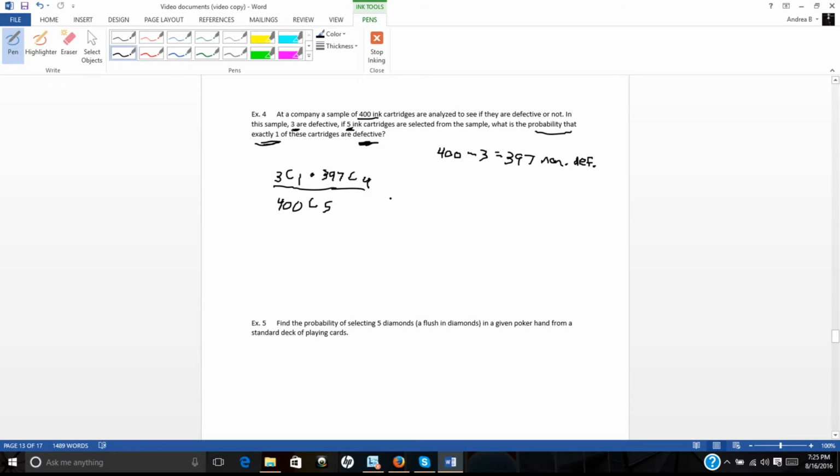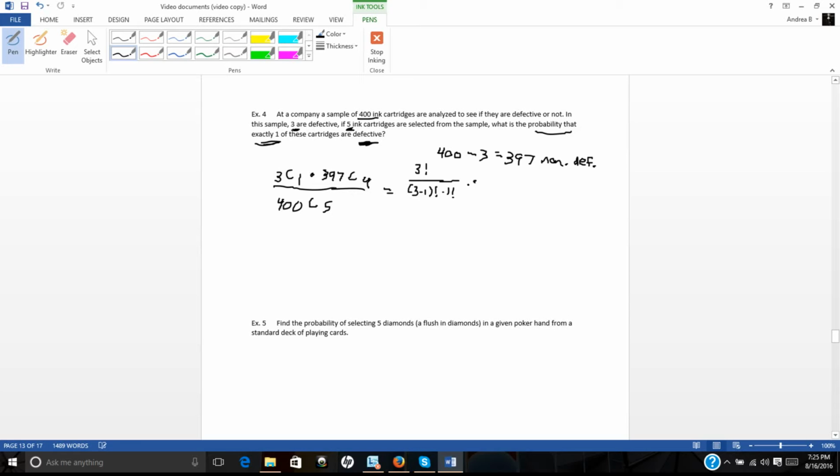After we set that up, once again, you could go through and set this up with your factorials. With the combinations, we'd have 3 factorial over (3 minus 1) factorial times 1 factorial for the first one.